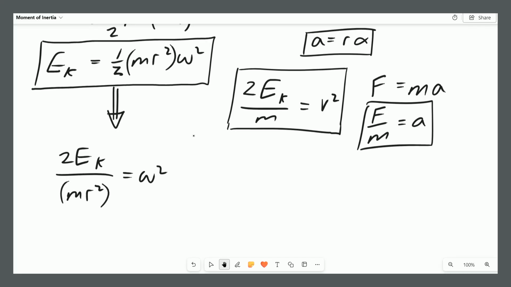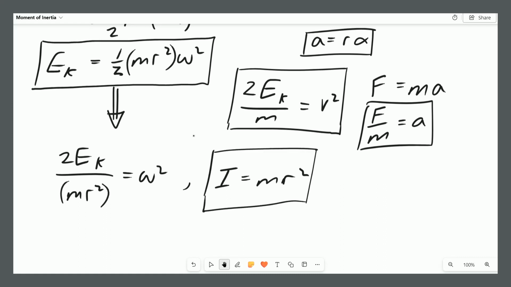Okay, mr squared when we're dealing with angular velocity, and mass when we're dealing with tangential velocity. So let's create a name for it, and let's call it moment of inertia. And this is kind of analogous to mass, except when we're dealing with angular velocity, right? It is an object's ability to resist changing its angular velocity.